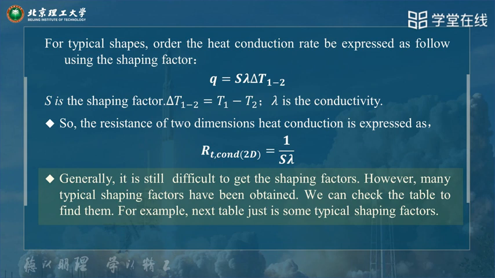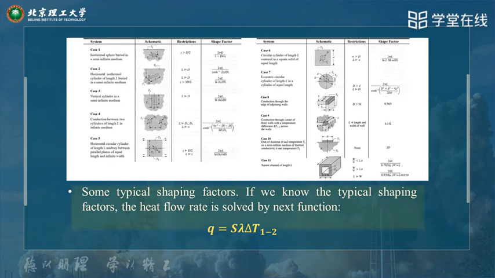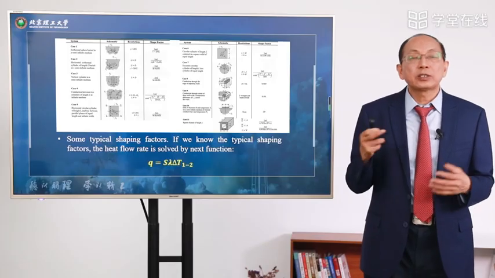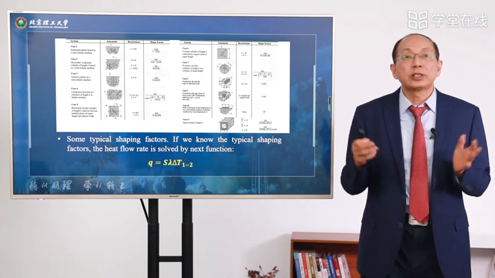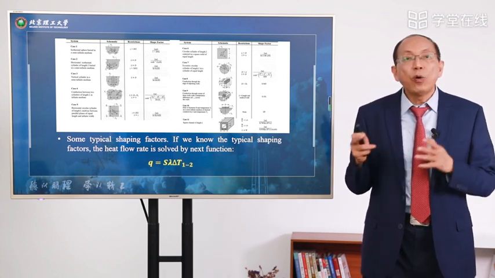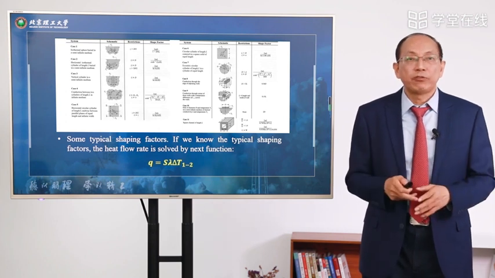For example, the next table shows some typical shape factors. We can check this table to obtain them. If we know the typical shape factors, the heat flow rate is solved by the function Q equals S lambda delta T1-2, where lambda is conductivity, delta T1-2 is the temperature difference, and only S is the shape factor.